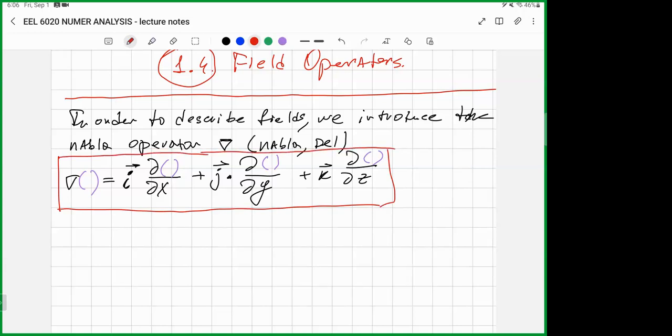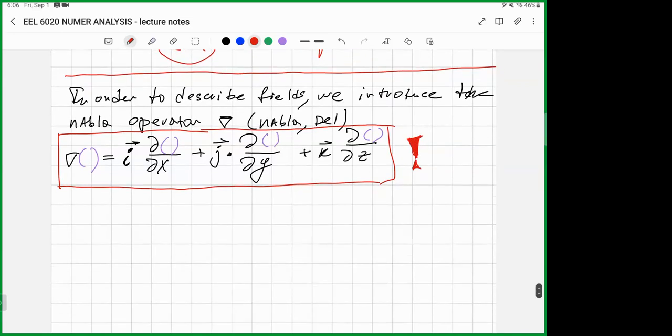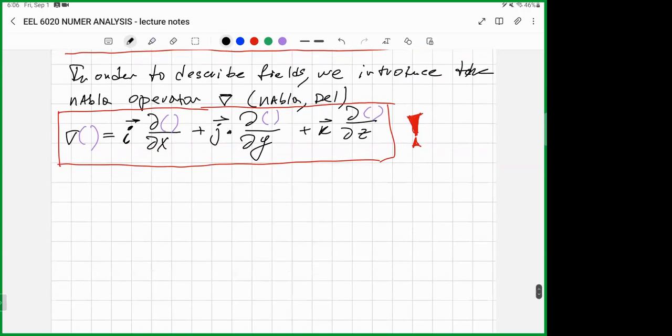All right, so this is the formula, and a pretty important one. So I put this exclamation mark. The nabla operator can be applied on a scalar or a vector function. Scalar or vector function, they both work.